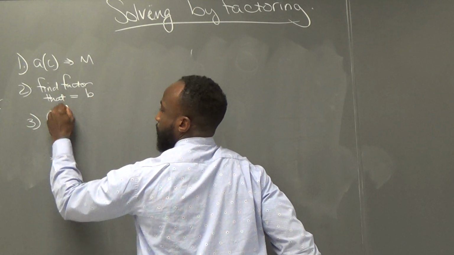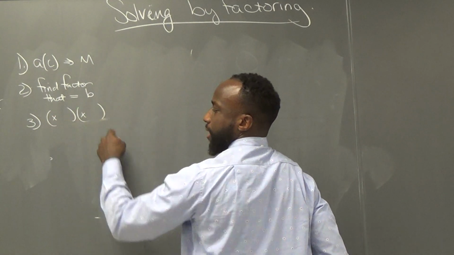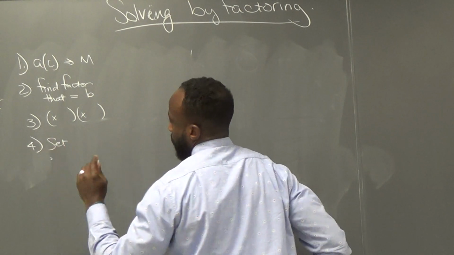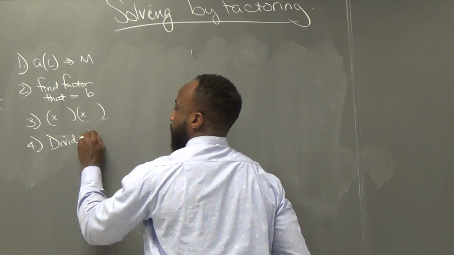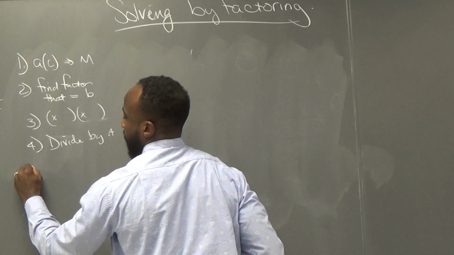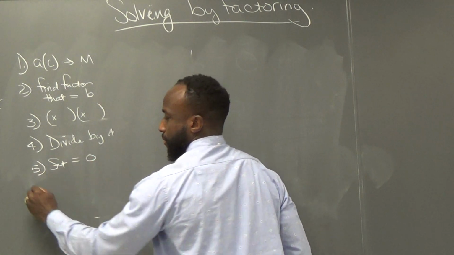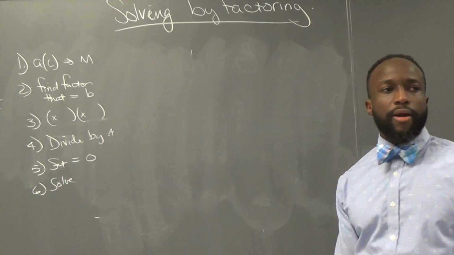Then number 3, you put them in binomials, right? You do x, and whatever here. And then fourth, you have to divide by a. Then you set equal to 0, and 6 you solve, right? Some of these steps we can skip, alright?